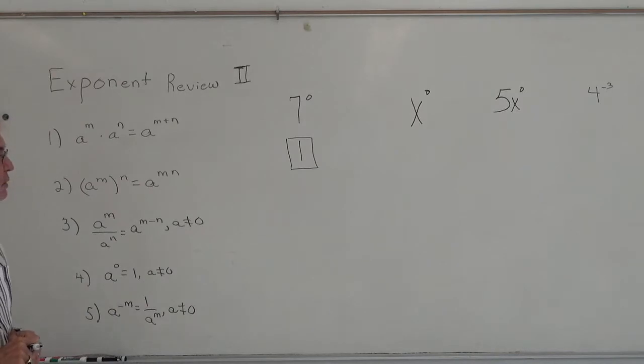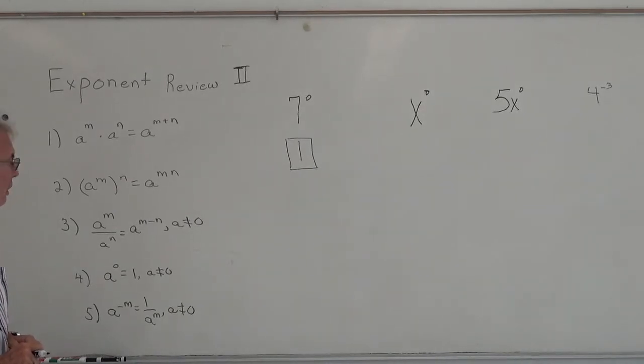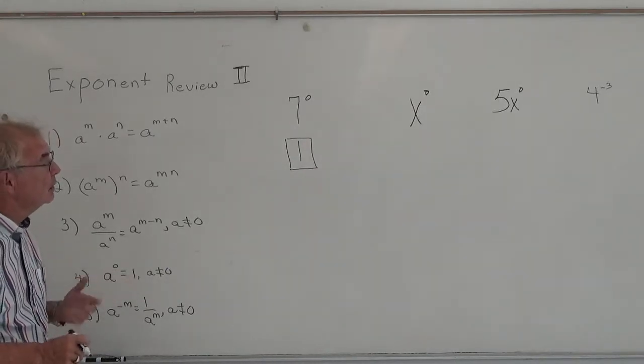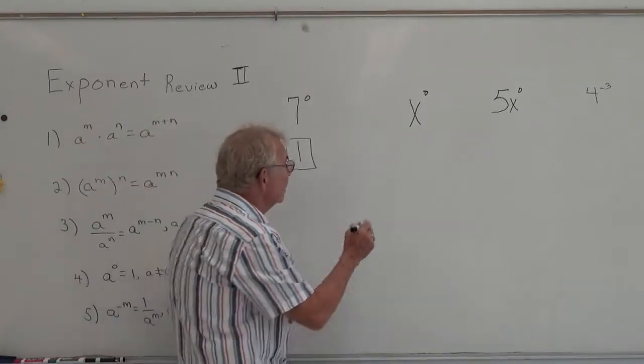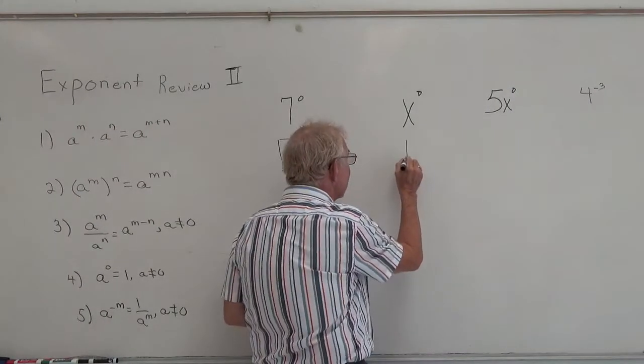All right, so that's the first example. The second example is x to the 0th power. Well, that's basically the rule. We wrote it in the rules as a to the 0, but x is something, so x to the 0 is 1 likewise.